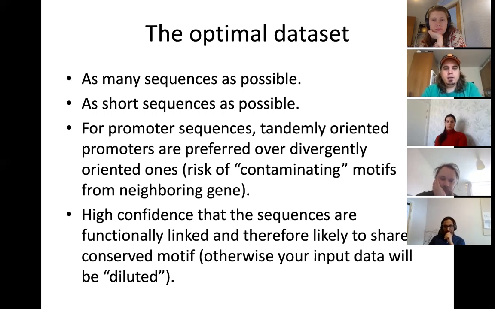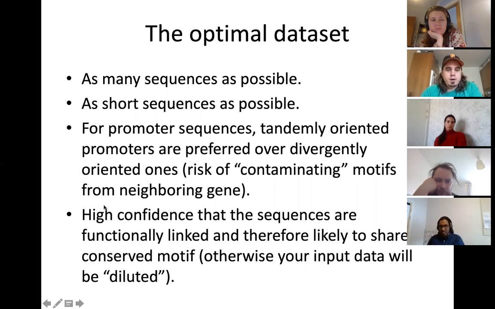What you like is what's called a tandem orientation, which I'm going to show you in the next slide, where the two genes point in the same direction, which means that any motifs in the promoter region are only going to apply to your sequence. But then you have divergent orientation. Your gene points in one direction and shares a promoter with another gene, which means that the promoter sequence will contain regulatory information for both genes. That can lead to contamination of your sequences with other regulatory elements that have nothing to do with your gene. They have to do with the other gene.